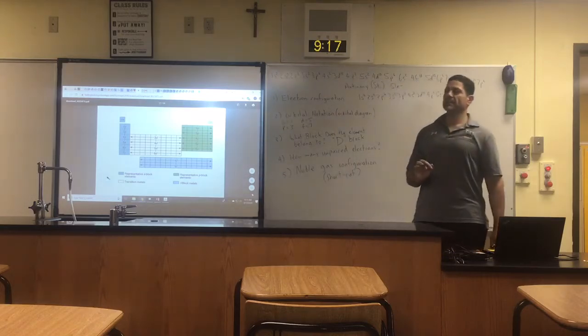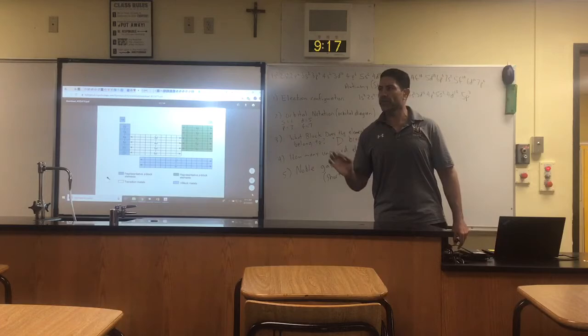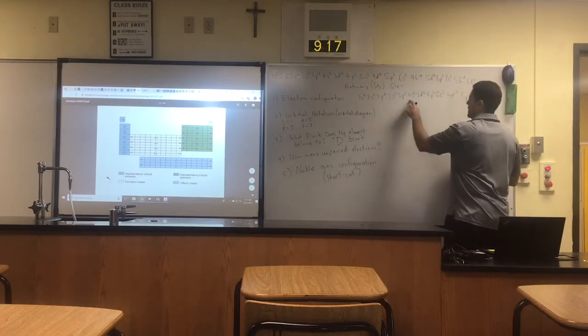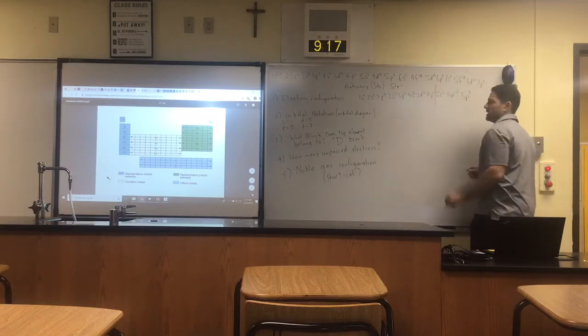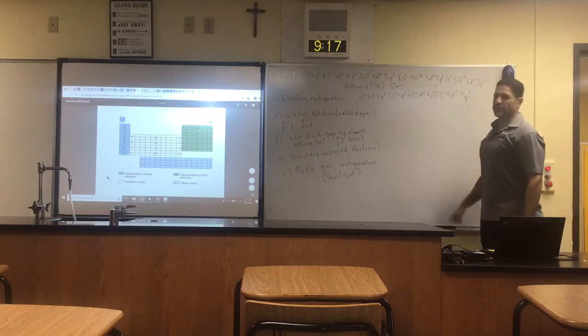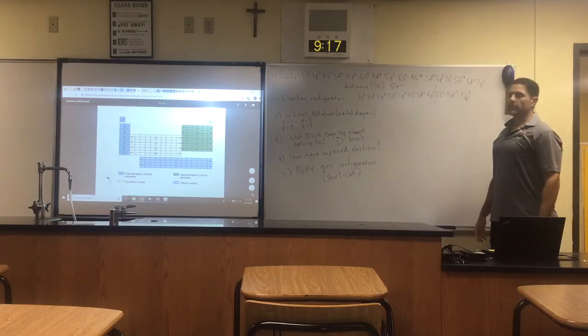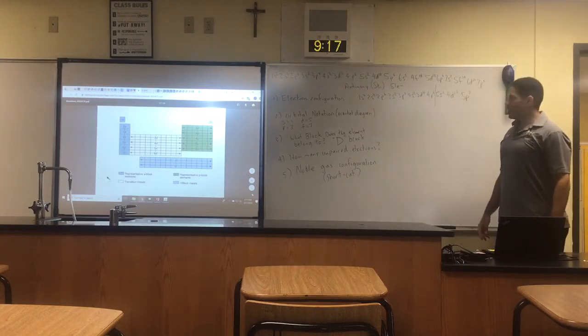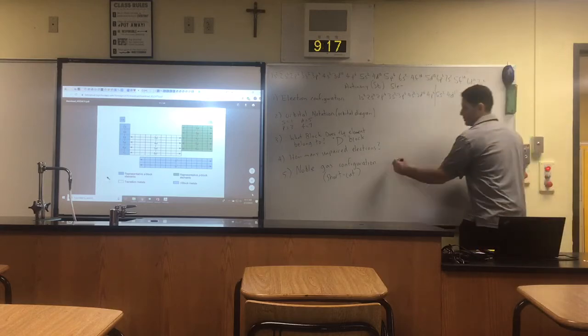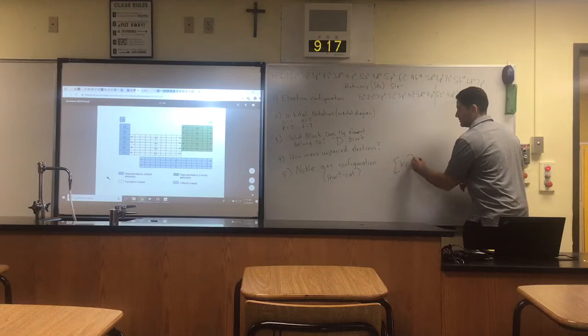If you look at your periodic table, krypton is number 36. So that's 10, 20, 36. I'm going to put a line there just so you know. This is the electron configuration for krypton. So what I'm going to do is put it down here in a bracket.